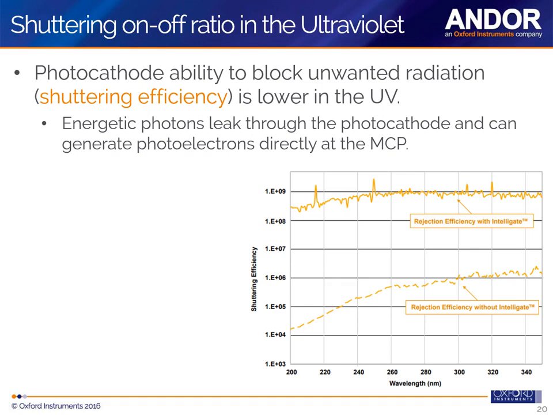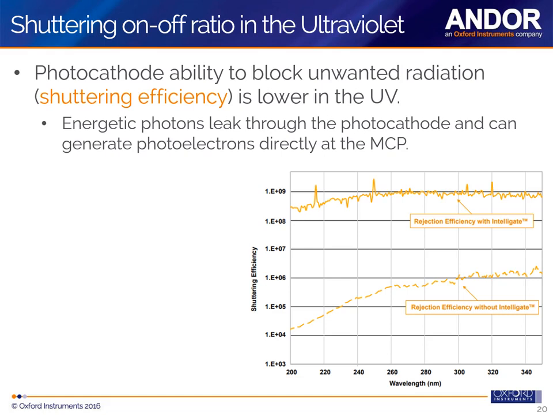The MCP is always on, always amplifying whatever comes its way. So a leaked UV photon reaching the MCP, creating a photoelectron, this photoelectron will be amplified and will be detected by the sensor. There's nothing to stop it. And that leakage will contribute to lowering the on-off ratio capability of the intensifier.